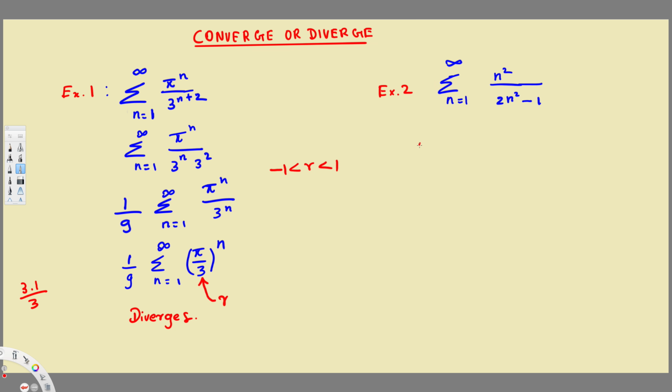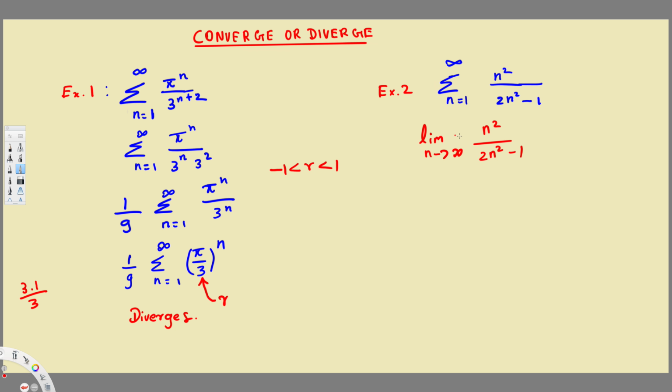So let's take the limit. Limit as n approaches infinity, n squared over 2n squared minus 1. Whenever we have something like this, we divide by the highest power and then find the final value.